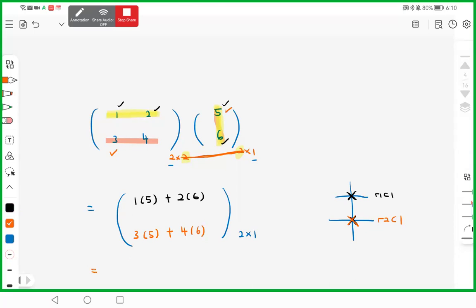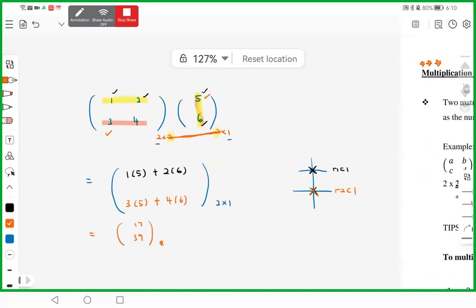Then you calculate. So 5 plus 12, 17. 15 and 24, 39. So this is the answer after multiplication.